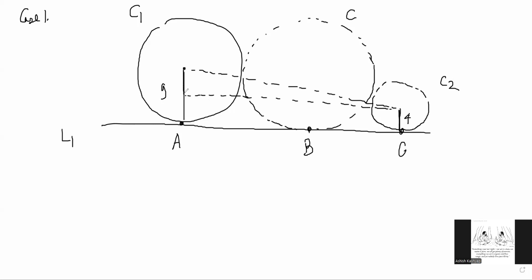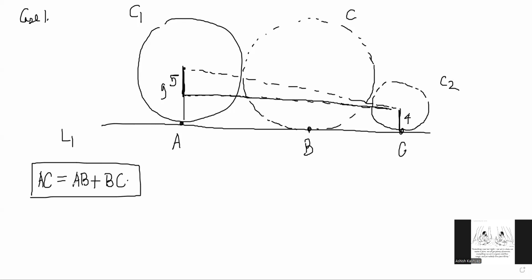You can find this distance is clearly going to be 9 minus 4, 5. So what I want to say here is AC is equal to AB plus BC, right?